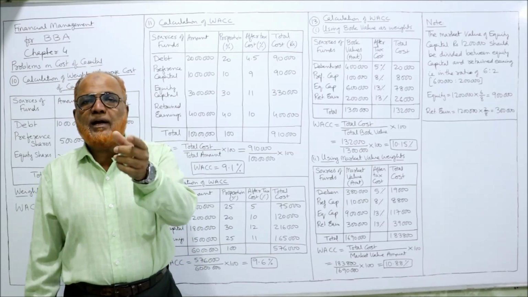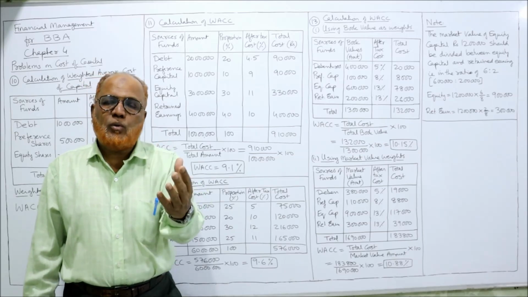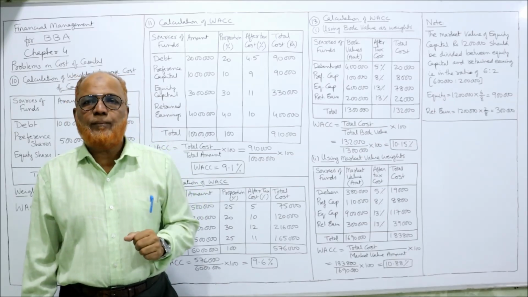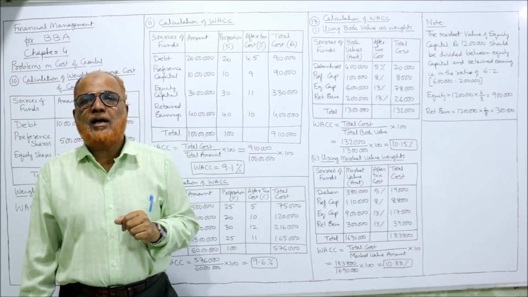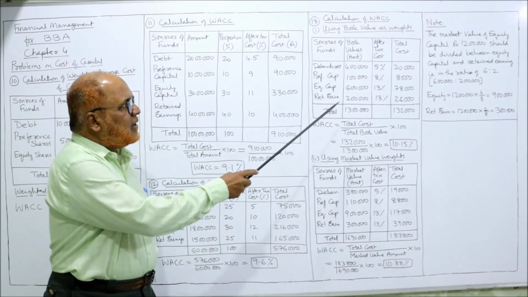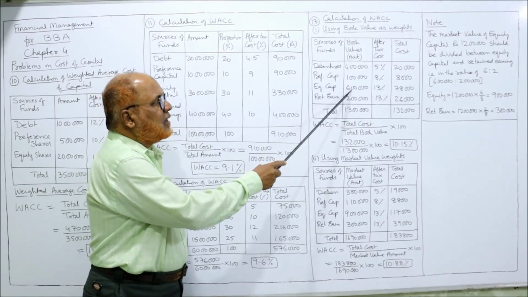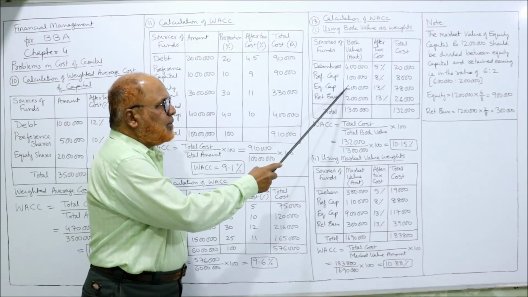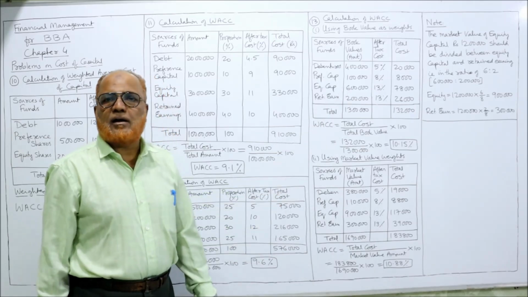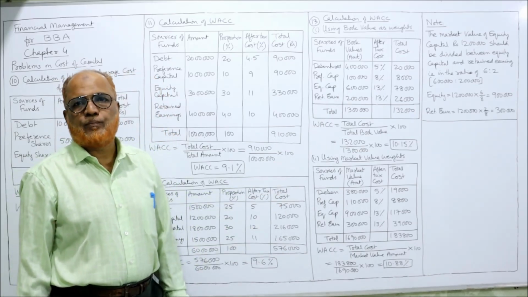That 12 lakh we divide into equity and retained earning in the ratio of book value of equity and retained earning. What is the book value of equity? 6 lakh. What is the book value of retained earning? 2 lakh. So the ratio will be 6 lakh is to 2 lakh, simply 6 is to 2.